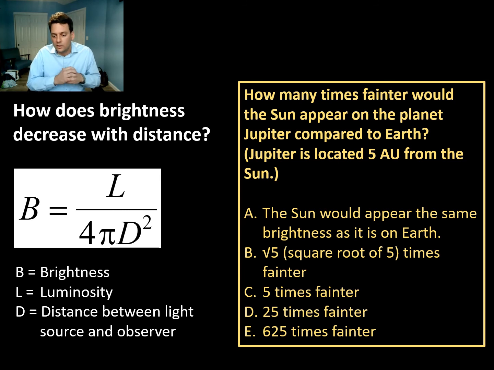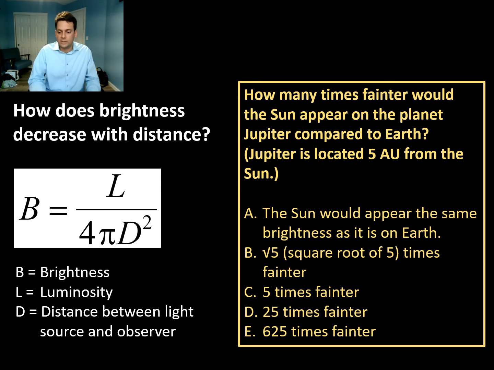So to solidify this, let's look at the following example. How many times fainter would the sun appear on Jupiter as compared to the Earth? I'm going to tell you up front, because if I didn't, you would have no way of answering this: Jupiter is located 5 astronomical units from the sun.